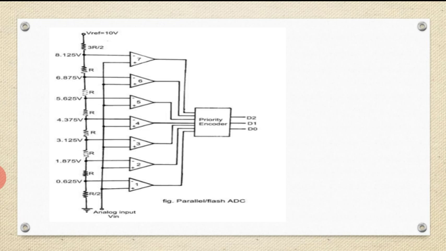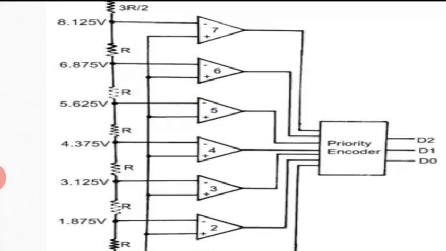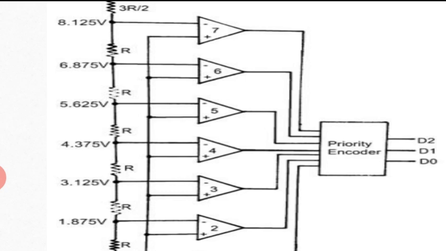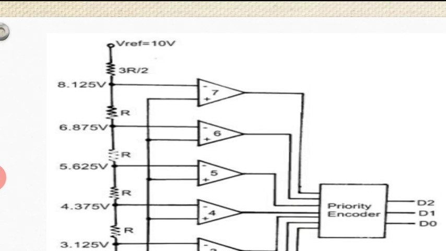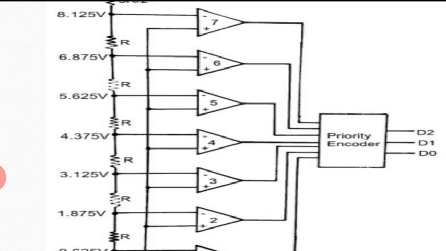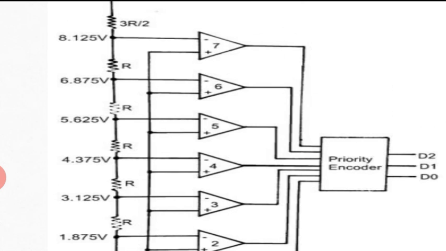Here the analog voltage is applied to the non-inverting terminal of all comparators using a single line. The reference voltage is applied to the inverting terminal of the comparators using a divider circuit, so the voltage will be divided.